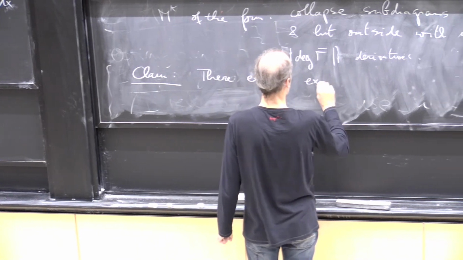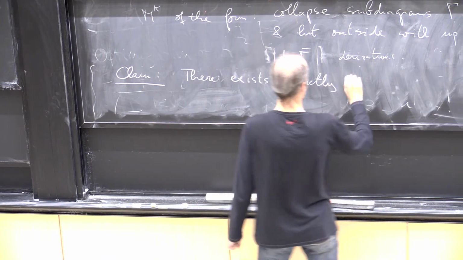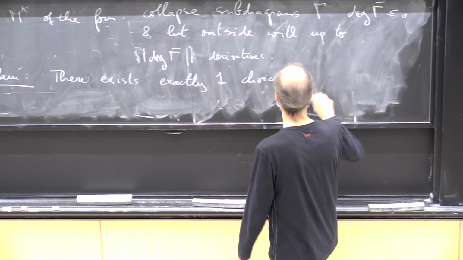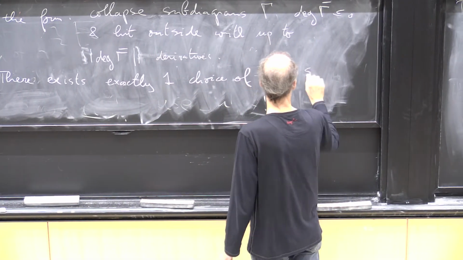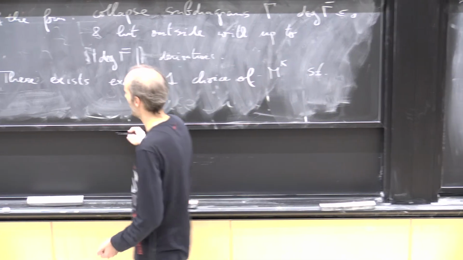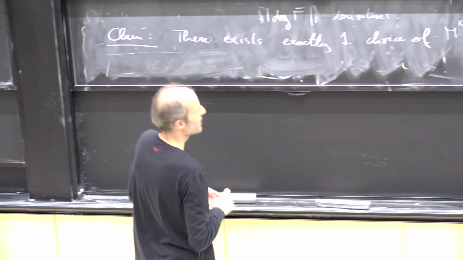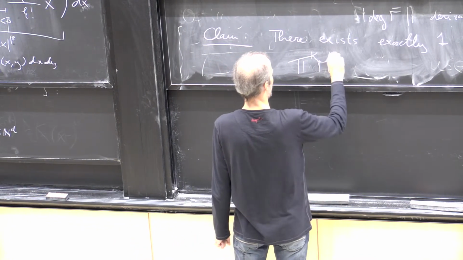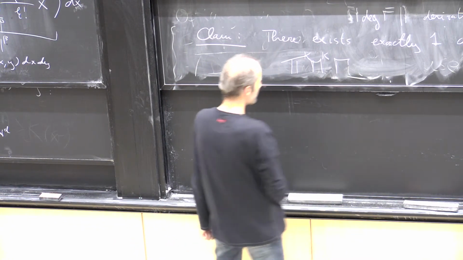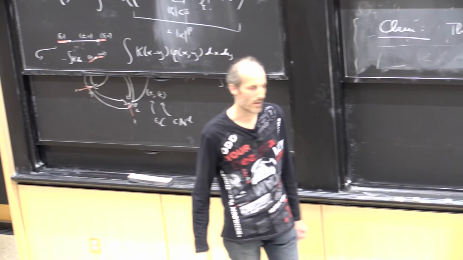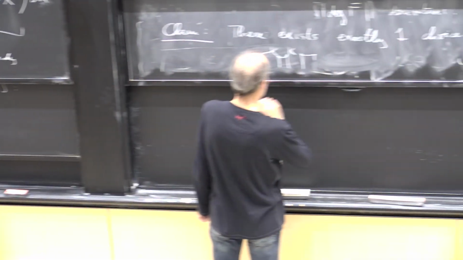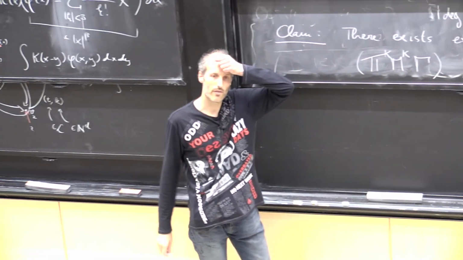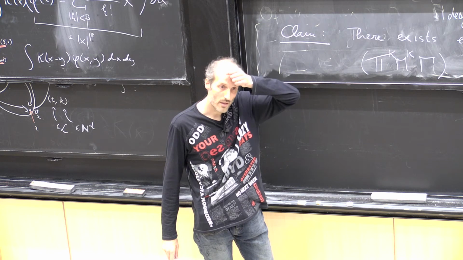There exists exactly one choice of your M_K such that the following property is true: if you look at your Pi_K M_K, so you take a Feynman diagram gamma itself that has negative degree, okay?